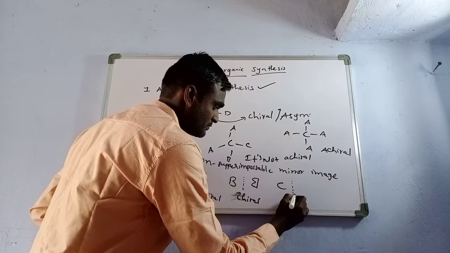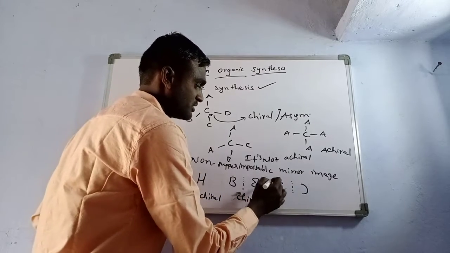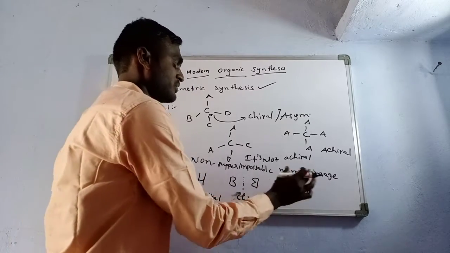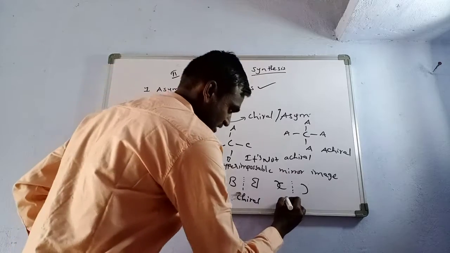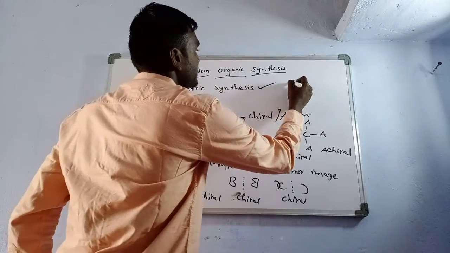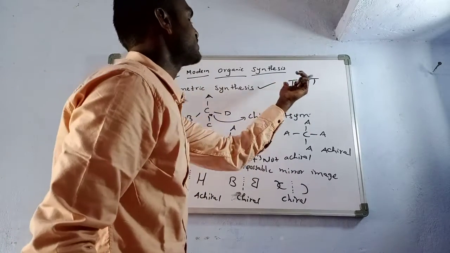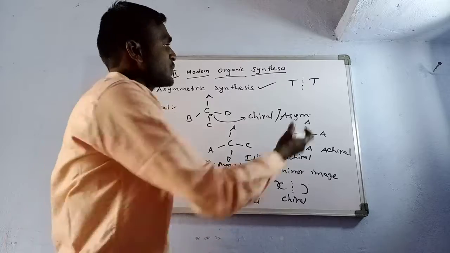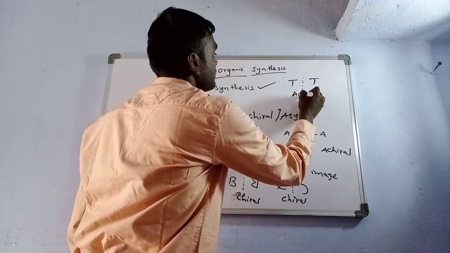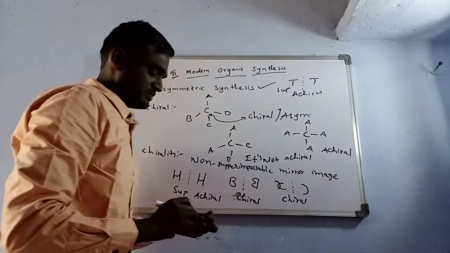If you take another example, C, this is the mirror image of this, and if you keep this one, it will be like this. These two are not matching, so the letter is also chiral. If you take the letter T, the mirror image of this letter T also will be like this, so it is superimposable.